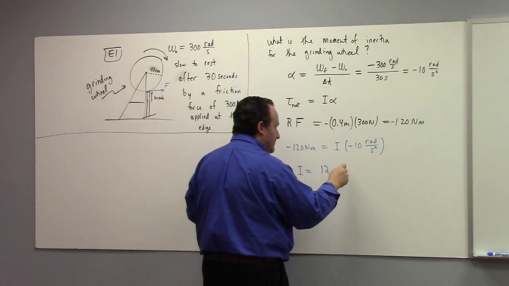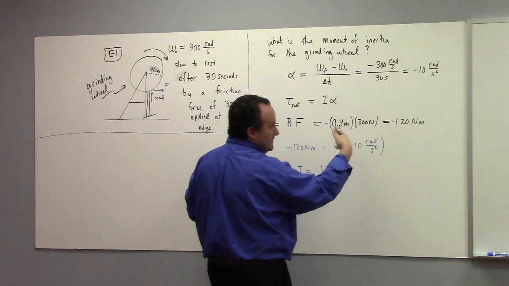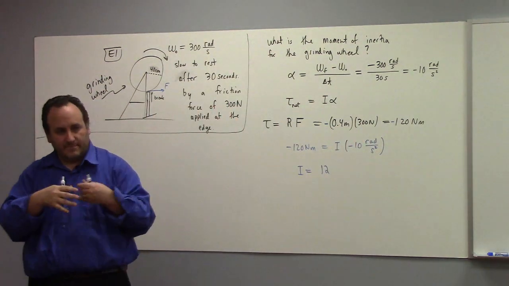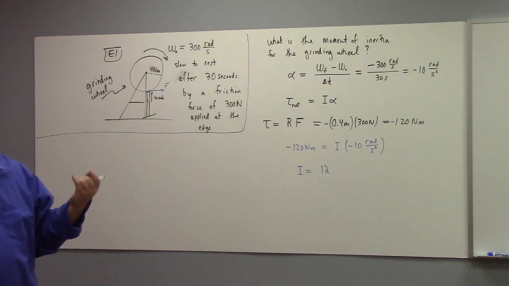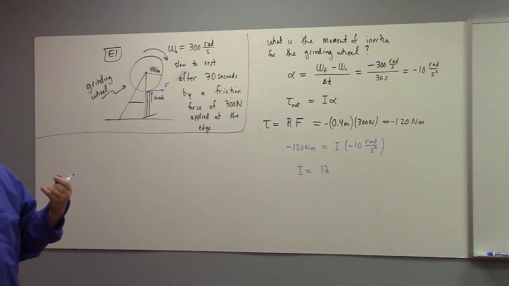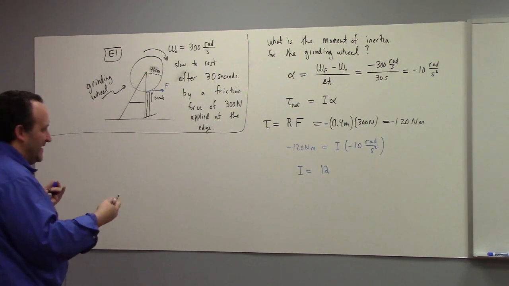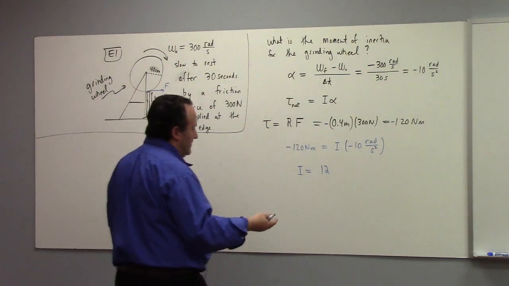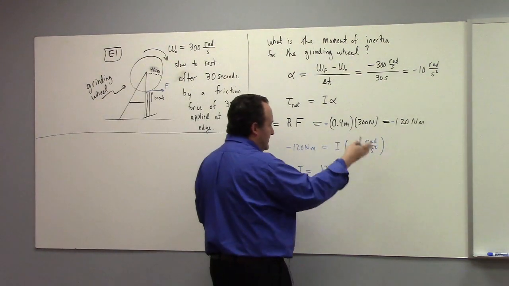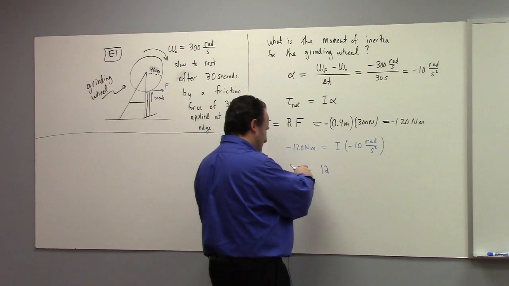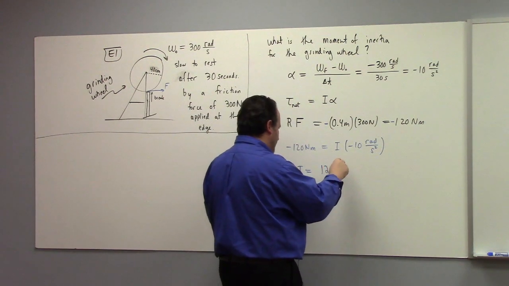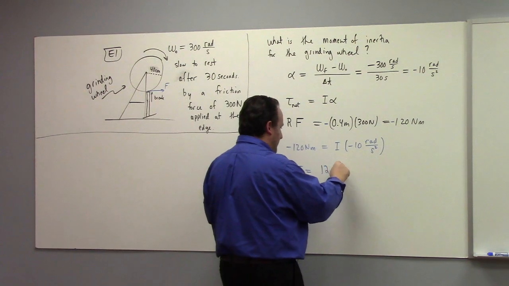What do we got? So what's the deal with radians? Radians isn't a real thing. That's just put there to keep track of the fact we're using radians. You can think of it as a different thing than per second squared or newtons or meters, right? So essentially you can drop the radians in the calculation of the units here. And we have 12 newton meter second squared.